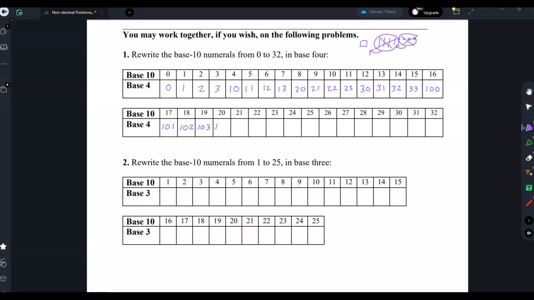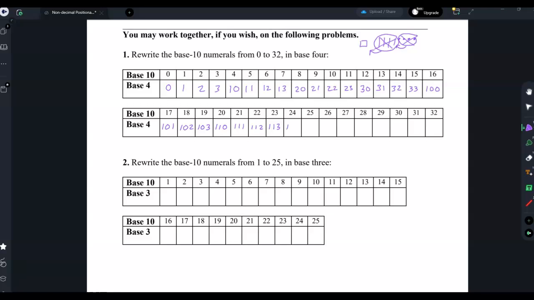So now I have one group of 16, one group of 4, and 0 left over. So next would be 1 flat, 1 rod, 1 unit; 1 flat, 1 rod, 2 units; 1 flat, 1 rod, 3 units. But since we're in base 4, as soon as I get 4 units, I regroup that again.